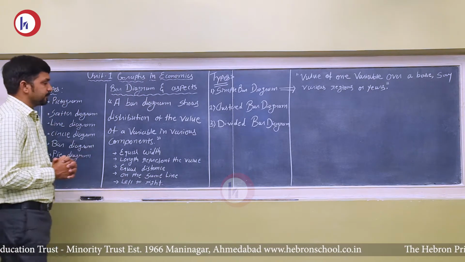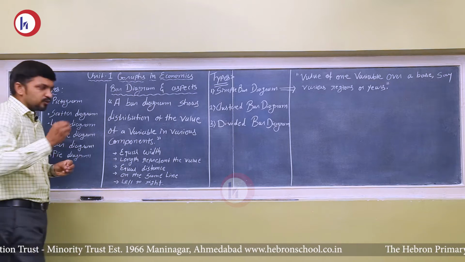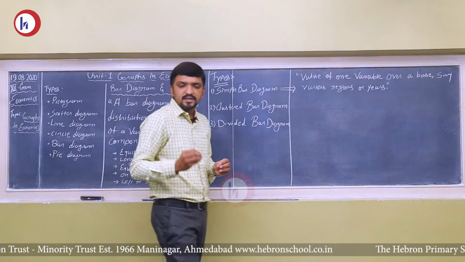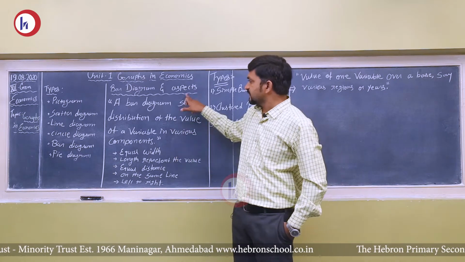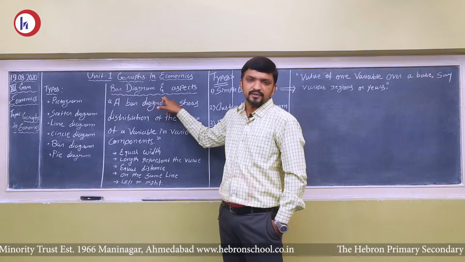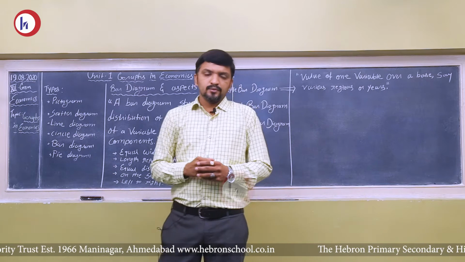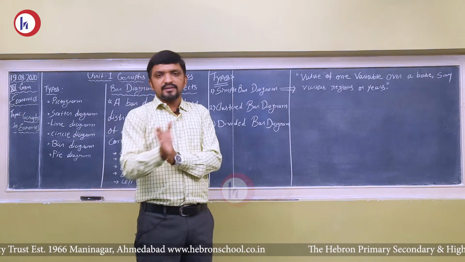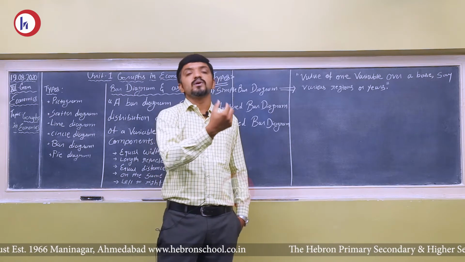So let me start. A bar diagram shows a distribution of the value of a variable in various components, and the very first aspect to be considered while drawing a bar diagram is equal width. It means when I am presenting the data with the help of a bar diagram, the bars must be of equal width.